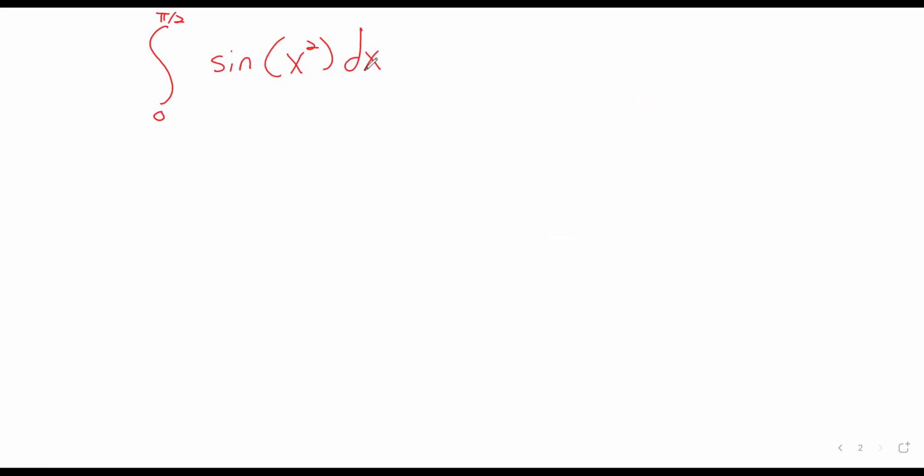So if you run across that in the wild, I want to say that the sine and cosine of x squared show up in optics applications, then what do you do with it? And the answer is, well, we can't find it exactly using the fundamental theorem of calculus, but we can numerically approximate it.